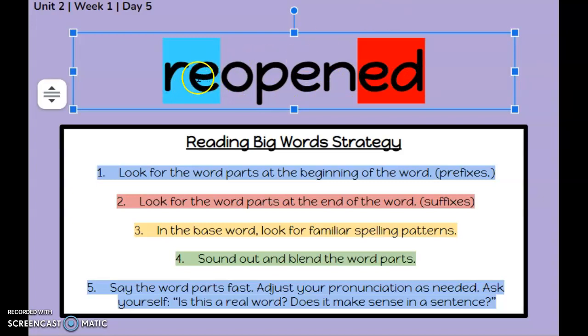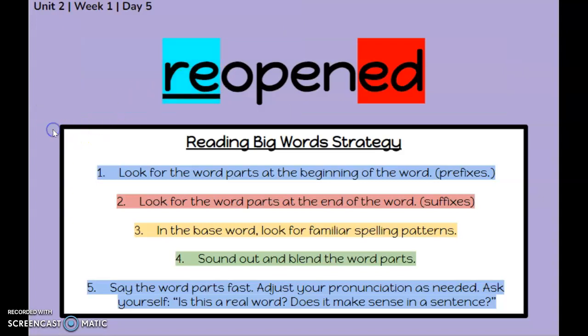Re ends in an E, which is a long vowel E, and I'm going to underline it. Reopened. I can tell that my first syllable has that open syllable sound. So I highlighted it and underlined it and then highlighted the suffix.